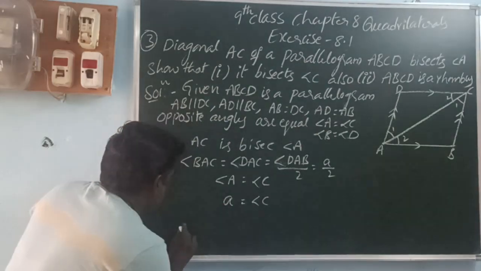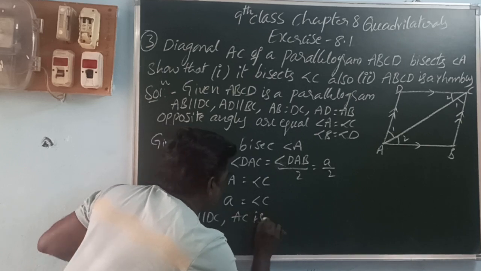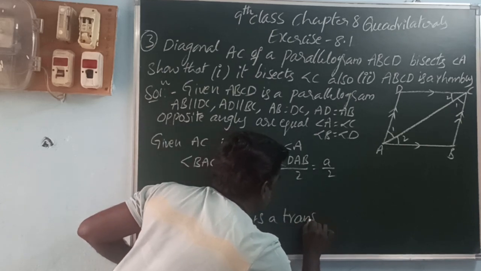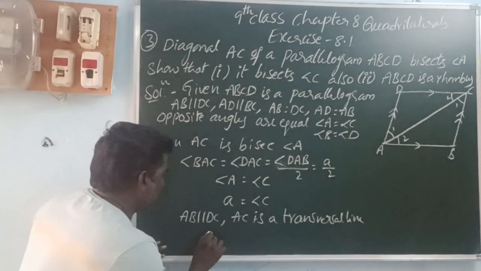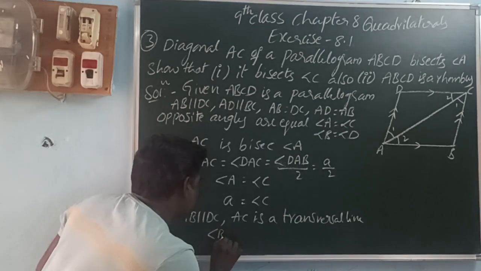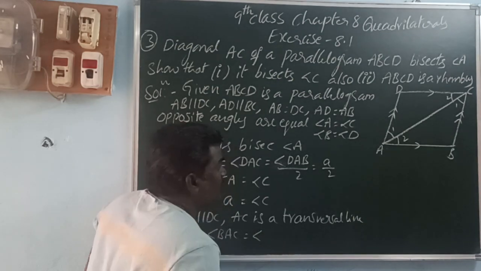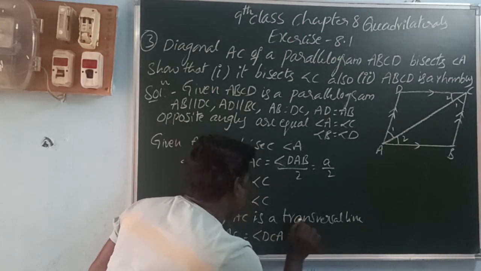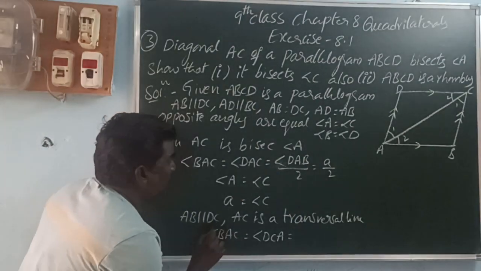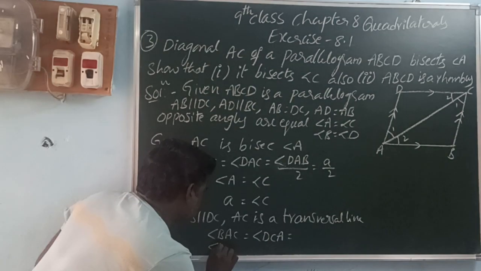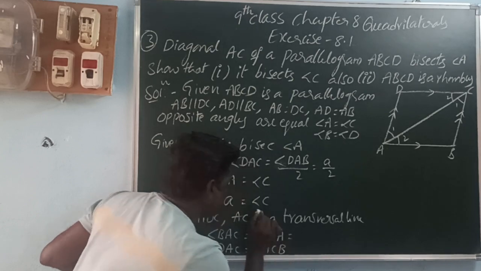So angle BAC is equal to angle DCA. Next, angle DAC is equal to angle ACB.